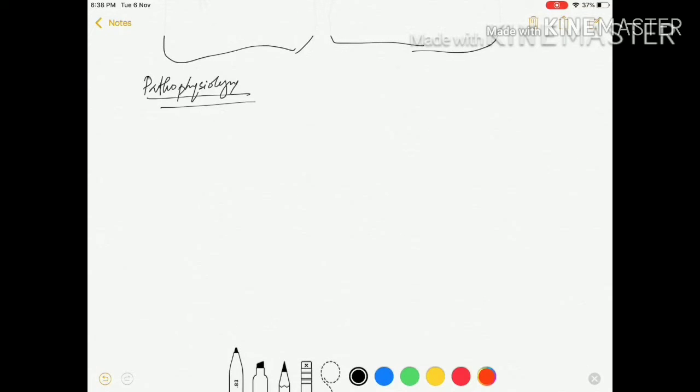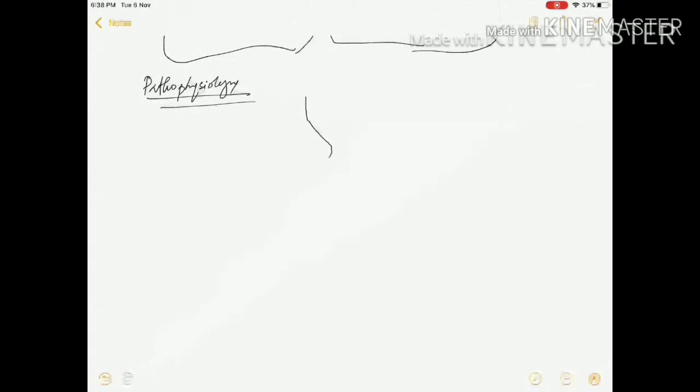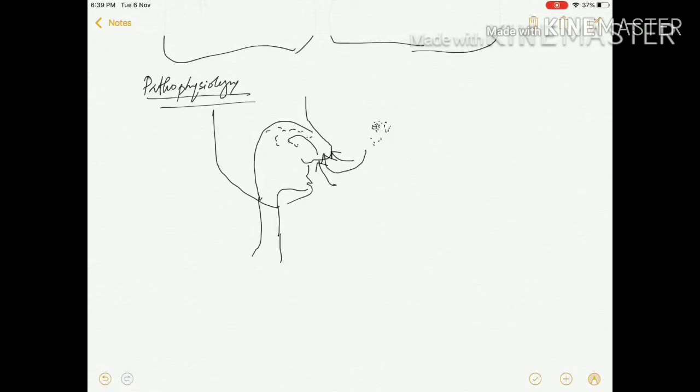This is your upper airway, and it leads to the lower airway. When we inhale those viruses or other agents which cause bronchiolitis, we inhale them through the upper airway, and first of all they create an inflammation in the upper airway.